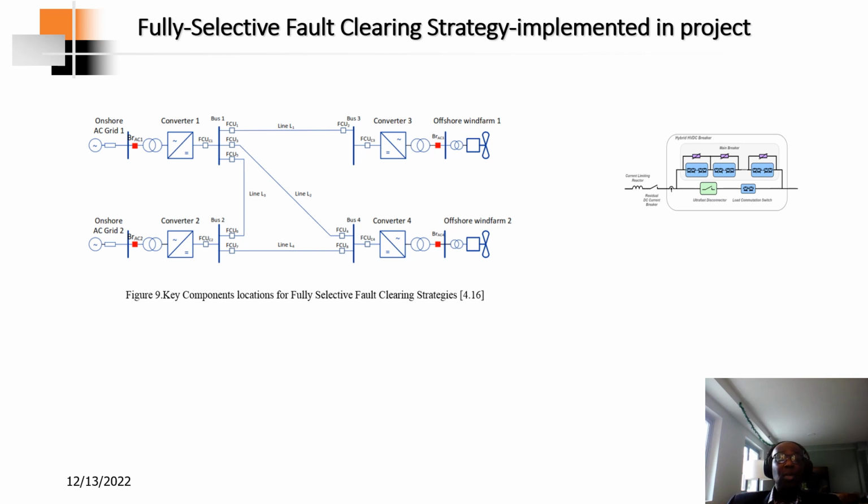It's going to lead to a total collapse of the whole multi-terminal DC grid, and we don't want that. The goal is to detect and isolate the faulty section and allow the healthy sections to continue in operation. This is an example of what the hybrid DC circuit breaker looks like.